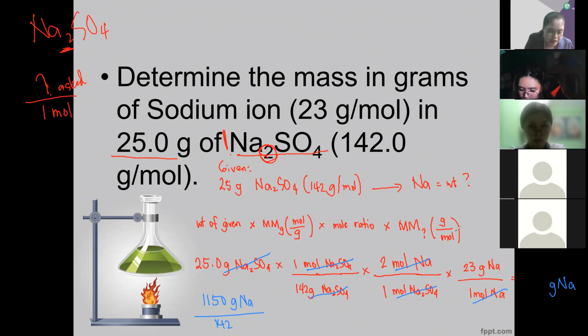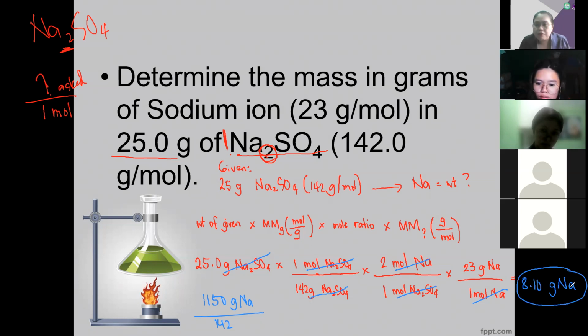So yung answer talaga, 1,150 divided by 142. Let's just round this off to 2 decimal places. So this will become 8.10 grams of sodium. So, well, let's see. We have the same answer. Okay, very good. We have the same answer.